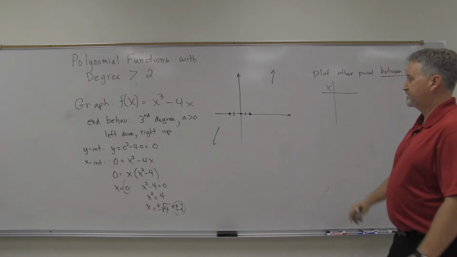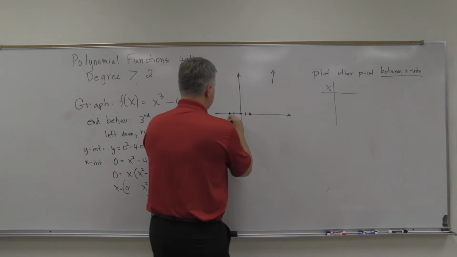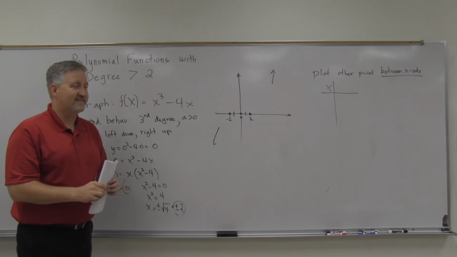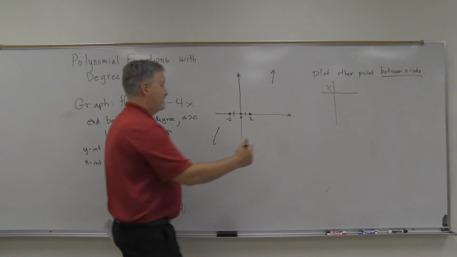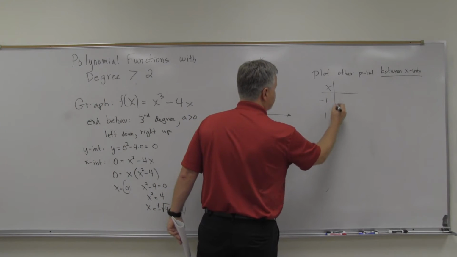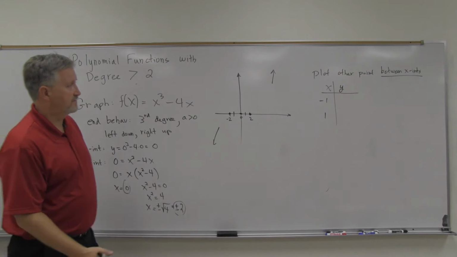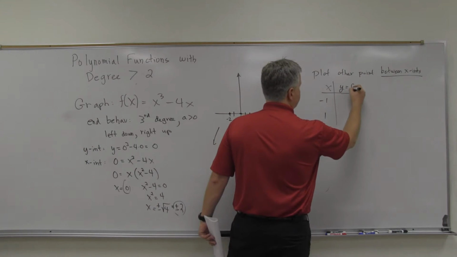So let's choose here. Our x-intercepts are negative 2, 0, and 2. So I think they're fairly obvious in this case. Let's go with x is negative 1 and x is positive 1, and come up with the y values, or the f of x values, is what we're talking about here.